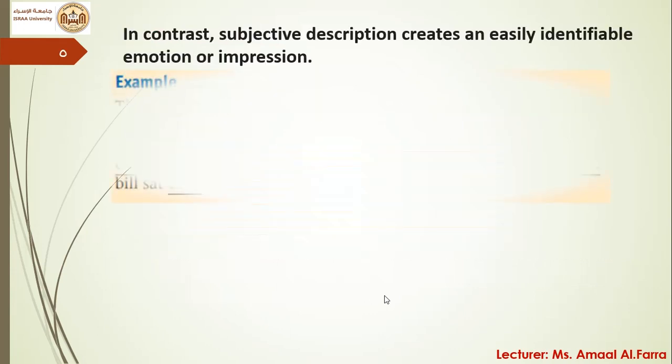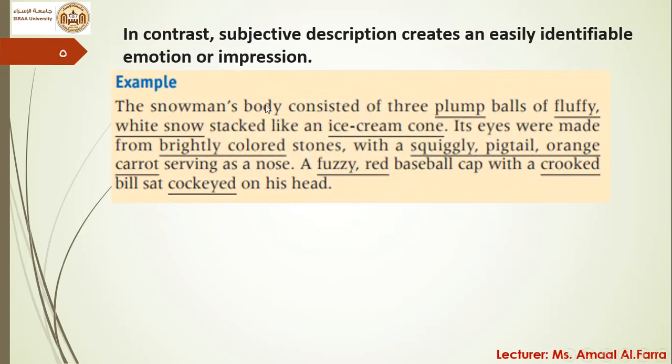Look here. The snowman's body consisted of 3 plump balls of fluffy white snow stacked like an ice cream cone. Its eyes were made from brightly colored stones, with a squiggly pigtail of an orange carrot serving as a nose. A fuzzy red baseball cap with a crooked bill sat cock-eyed on his head.